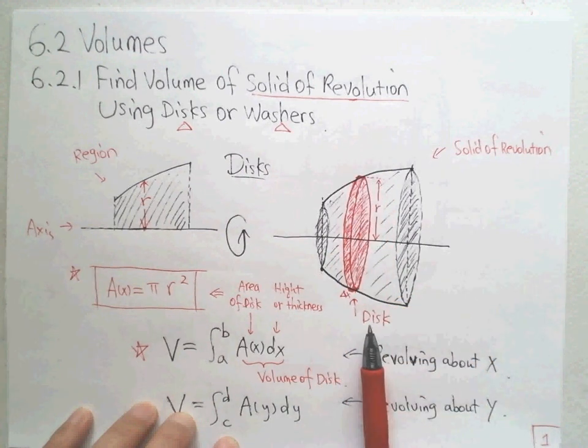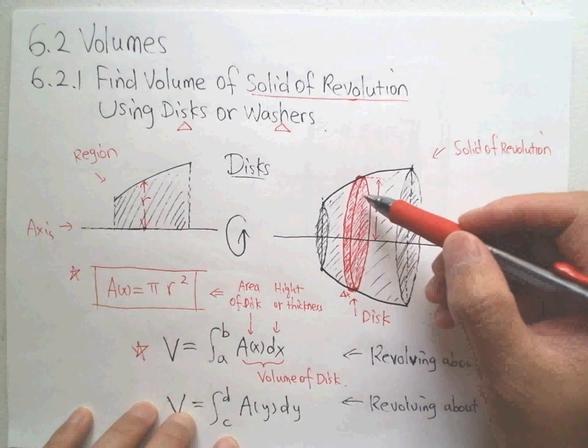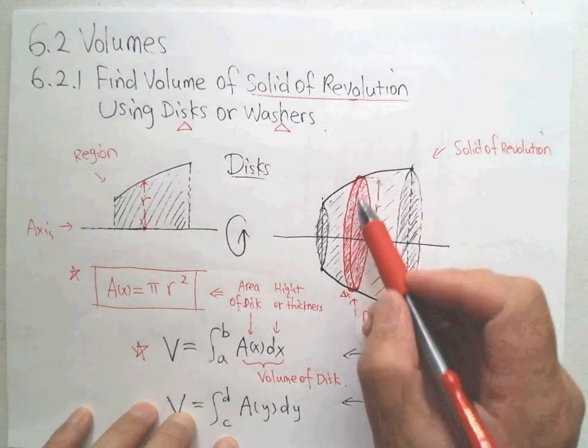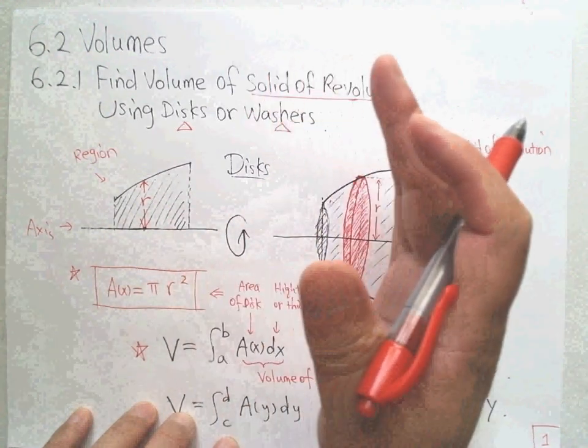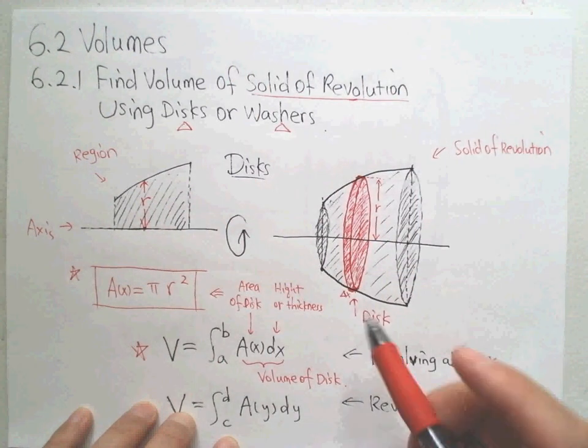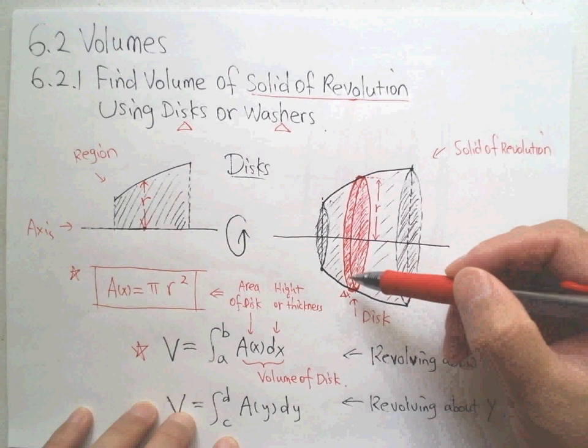What is the disc here? If this is x where we cut, the thickness we use is delta x. The thickness is exactly how long it is along the axis. So how about the bottom? The bottom is the area, right? It's a circle.